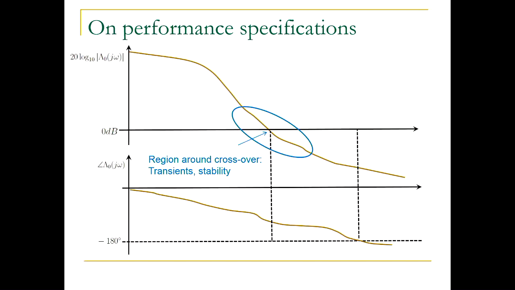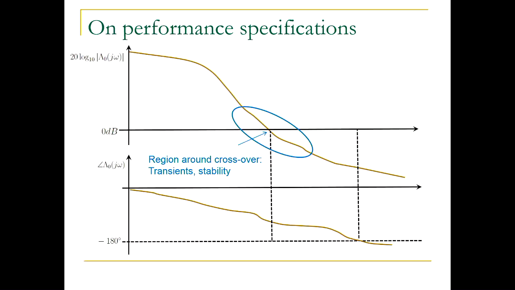Shouldn't encircle the critical point. What is the critical point? Right? So -1 + j0. Note that if I draw a circle centered at the origin, which has radius 1, that would pass through the critical point.